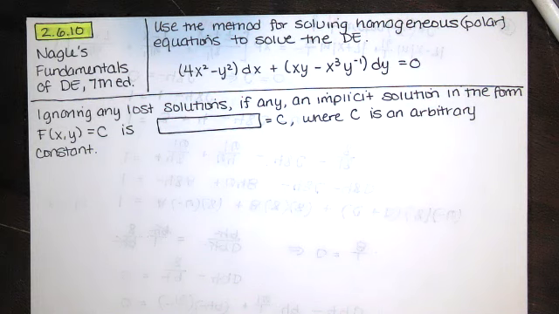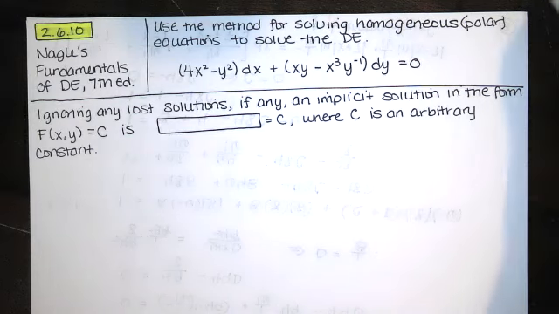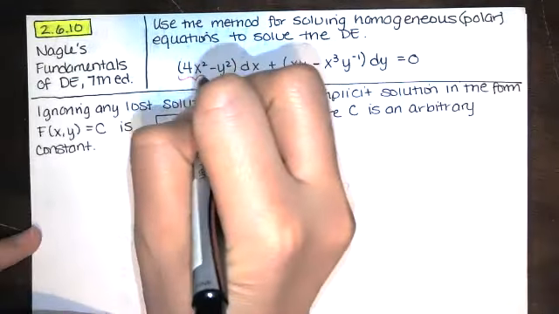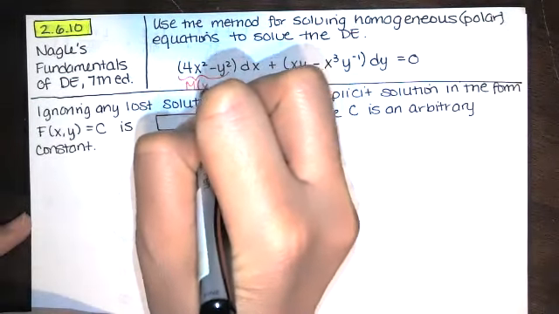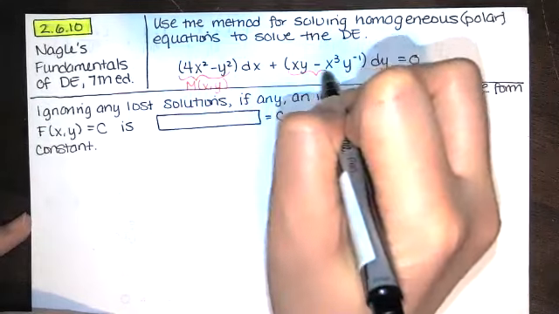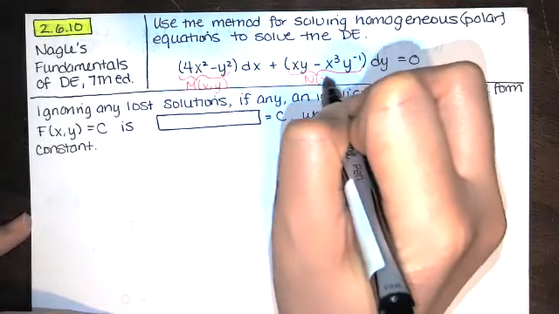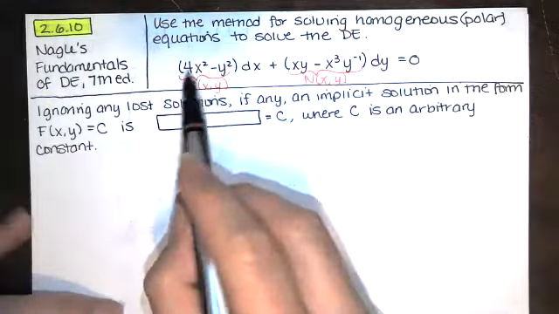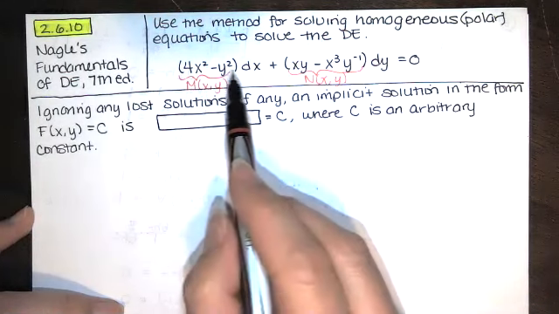Now, if we were not told in advance that this is a homogeneous polar equation, we could look at this and tell, because if I look at this function, I'm going to call it M, and this function, I'll call N of x, y. This is a homogeneous function of degree 2.